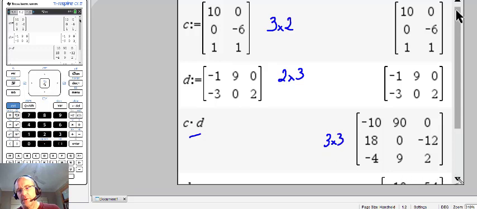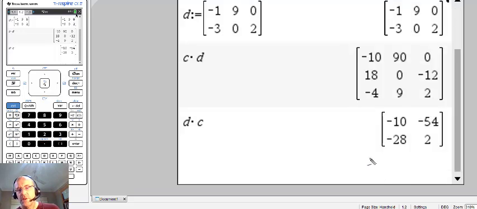However, if we try it the other way around as D times C, we get a 2 by 2, which should make sense based on our previous work. So this 3 by 3 is obviously different to the 2 by 2. The dimensions of the matrices are different, as well as the contents.